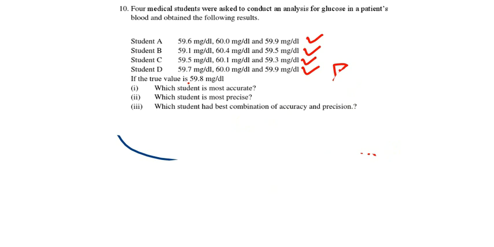Now let's try to compare the values we have. Which student is the most accurate student? Let's look at the values. Which one was closer to the 59.8? Look at the first one. The difference here is about 0.2 on the 60.